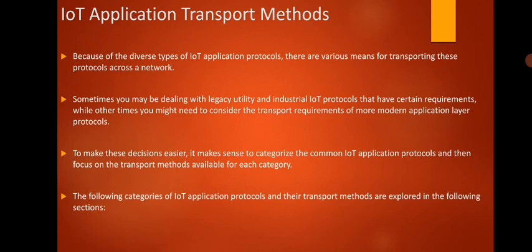Sometimes you may be dealing with legacy, utility and industrial IoT protocols that have certain requirements, while other times you might need to consider the transport requirements of more modern application layer protocols. So it all depends.